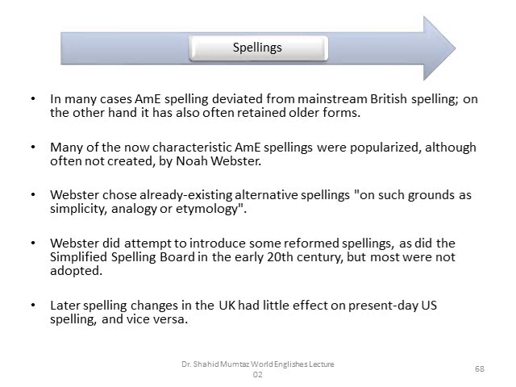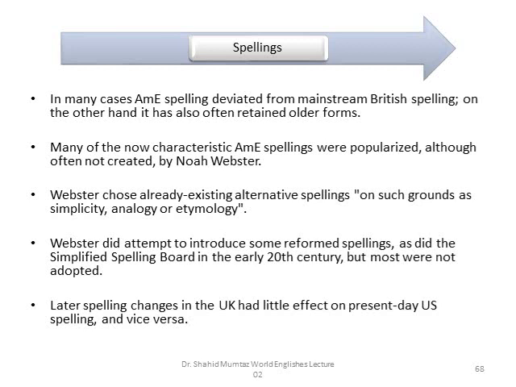Okay. Webster did attempt to introduce some reformed spellings, as did the Simplified Spelling Board in the early 20th century, but most were not adopted. Later spelling changes in the UK had little effect on present-day US spelling and vice versa.